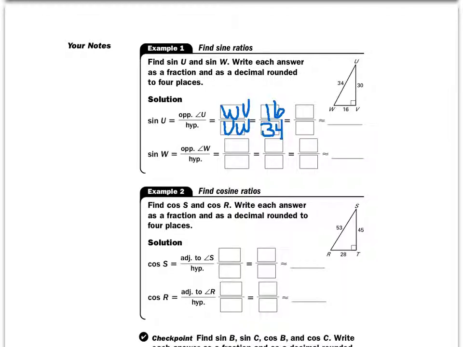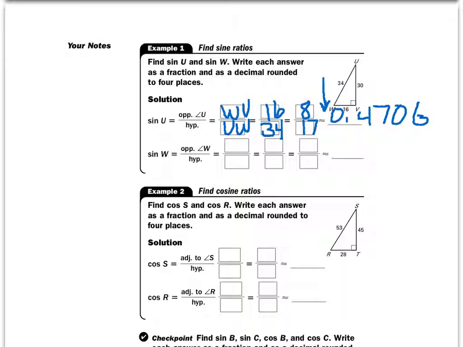And then 16 over 34 reduces to 8 over 17. We stick that in a calculator, and it's approximately, remember that's what those wavy lines mean, approximately 0.4706. Remember, we usually take trig ratios out to 4 decimal places.